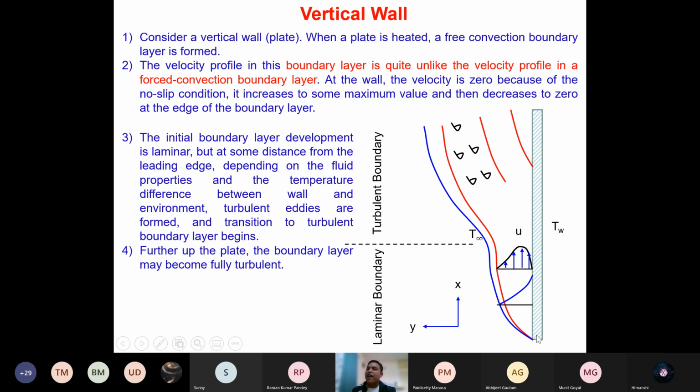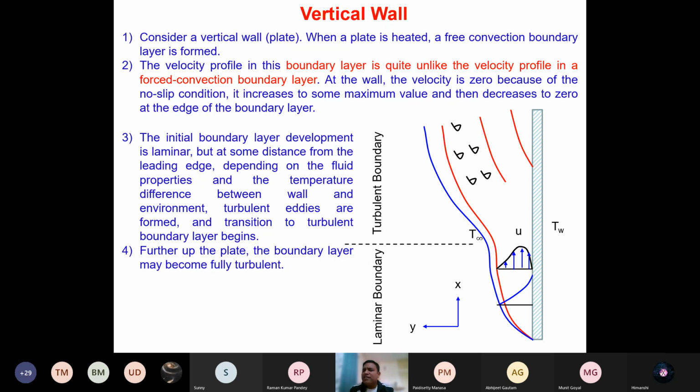For the time being, let's assume that the temperature of this vertical flat plate, TW, is higher than the bulk temperature of the fluid, let's say T infinity. So T infinity is the free stream temperature, and TW is the temperature of the wall. The temperature of the wall is, let's say, higher than T infinity.